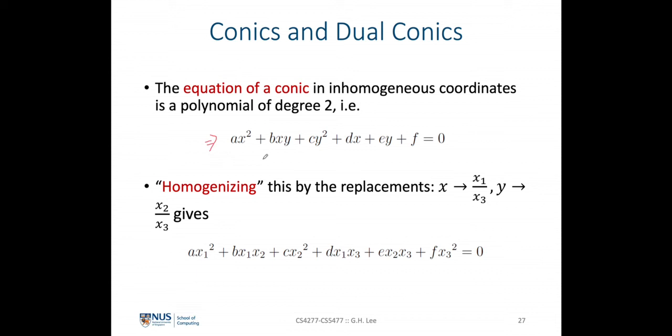So let us follow the concept behind the homogeneous conversion of a point, where we saw that a point x can be represented as homogeneous coordinates x1, x2, and x3, where we simply replace x with x1 divided by x3 and y with x2 divided by x3 to get the coordinates in the Cartesian space.